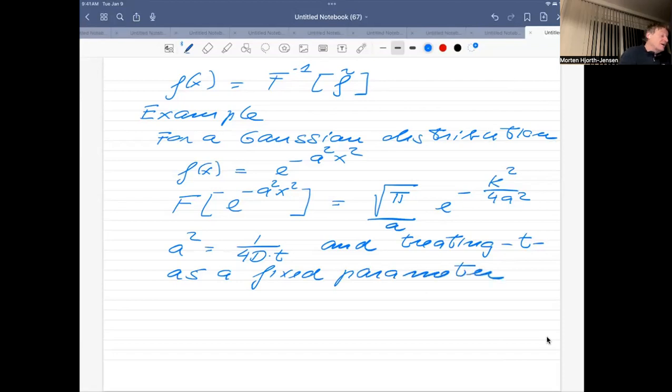So if we treat that as a fixed parameter, then if I take the inverse of this f, I'm just setting up the equations, I'm not going through all the integrals. You may have seen these integrations before.